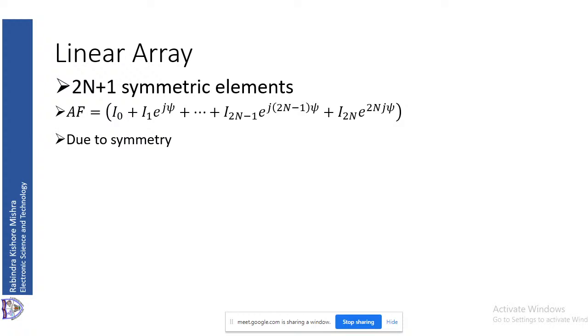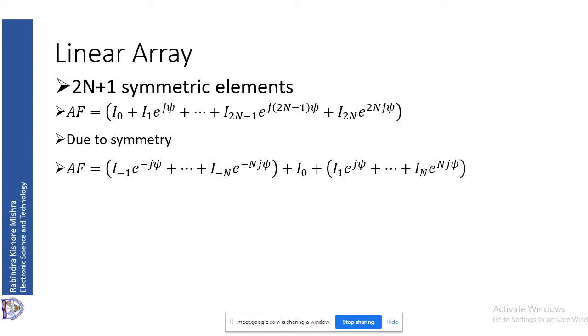Now because of symmetry, we can write this as I minus 1 exponential minus j psi plus up to I minus n exponential minus n j psi plus I0. So I0 is the center term or the center element.